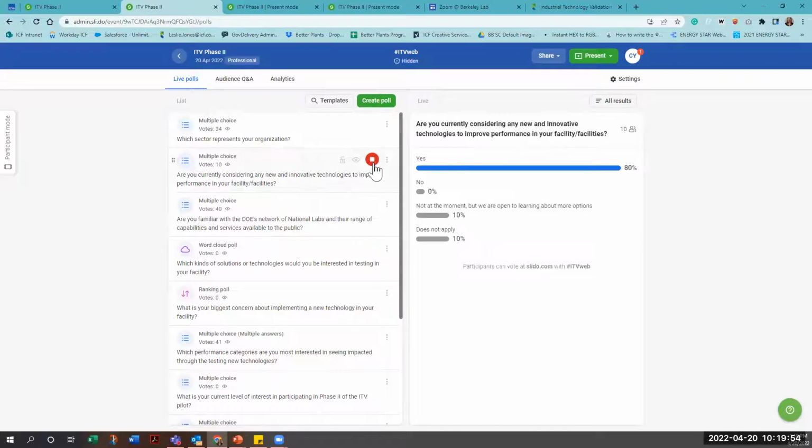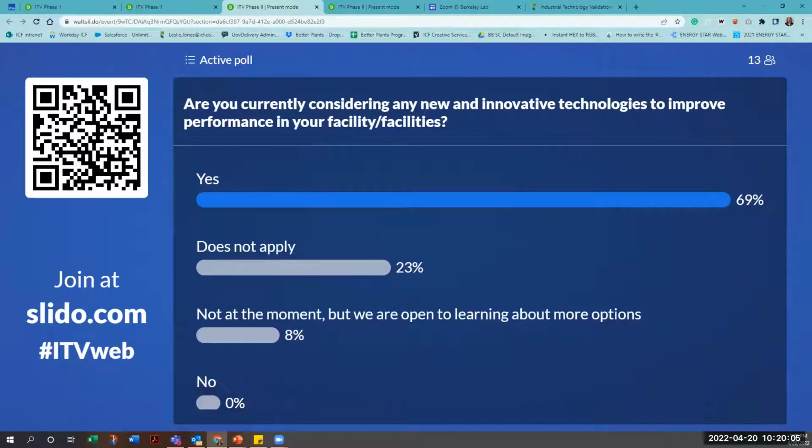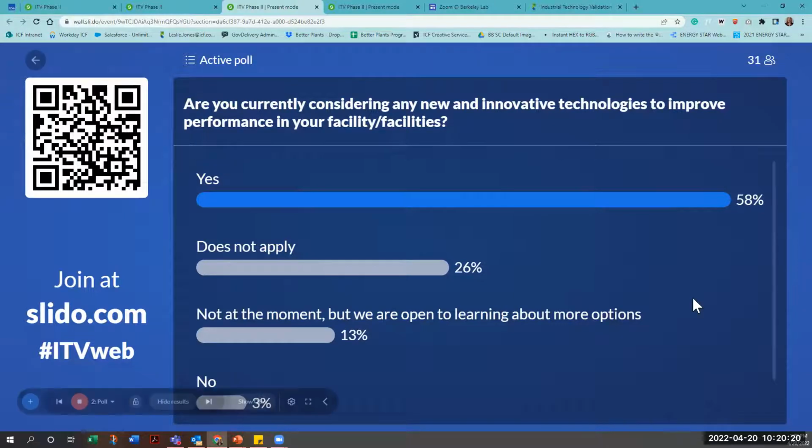Here we go. Sorry about that, folks. All right, now it is live. Are you currently considering any new and innovative technologies to improve your performance? Is there anything that you're looking at? It seems like a lot of you already have something in mind. Some of you, it doesn't apply because maybe you're not at a manufacturing facility. And some of you are maybe just looking to learn more about the options available to you to participate. Okay, that's great.